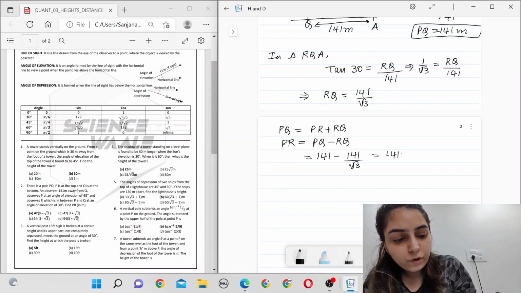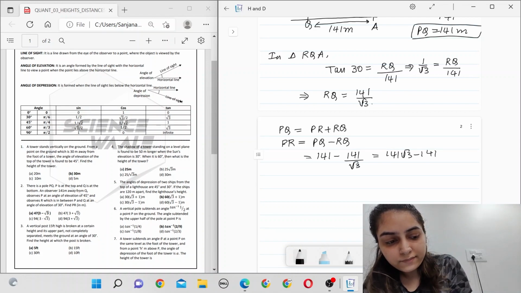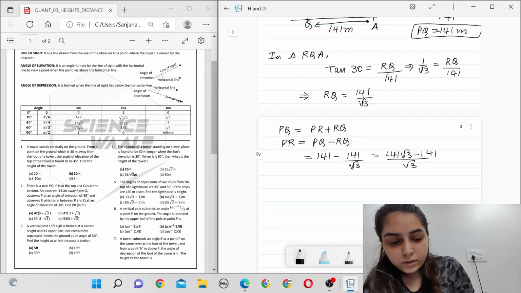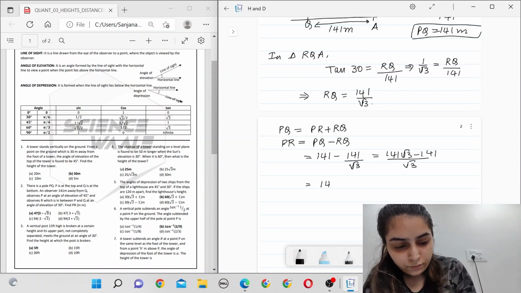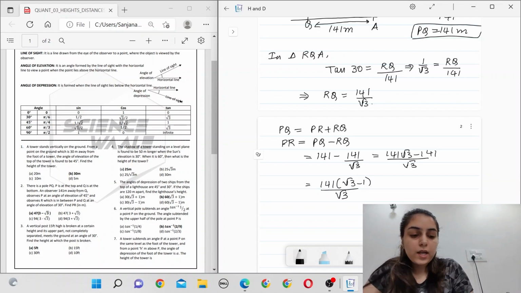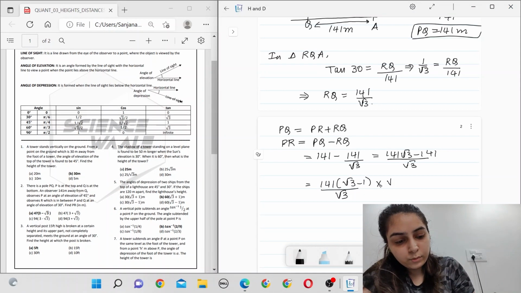That is equal to 141 root 3 minus 141, whole by root 3. So that implies 141 of root 3 minus 1 by root 3. If we rationalize it, we multiply by root 3 in both numerator and denominator.